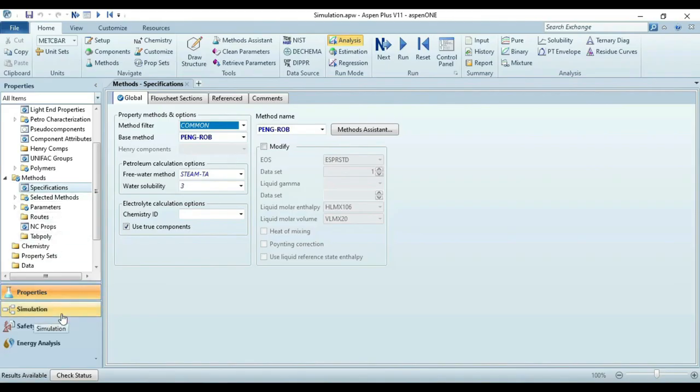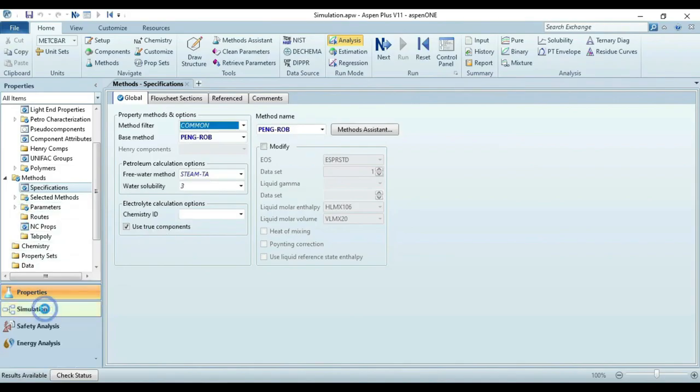And after estimating properties, let's go to our simulation guide for defining our model for the reactor and inserting the conditions and the streams associated with that model. So pay attention that everything is selected. Run for estimating properties. It's always good to remember that.